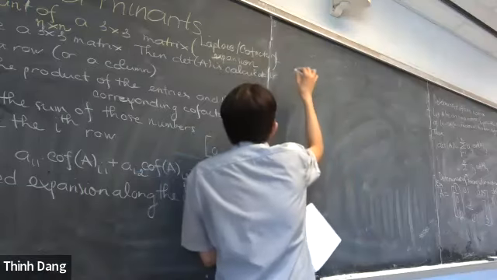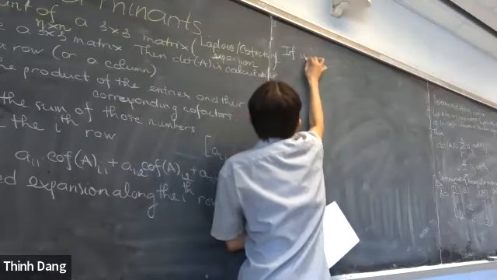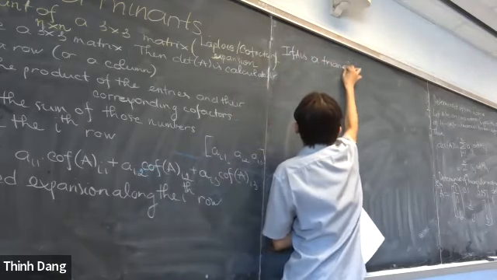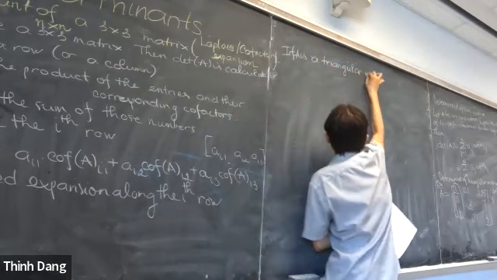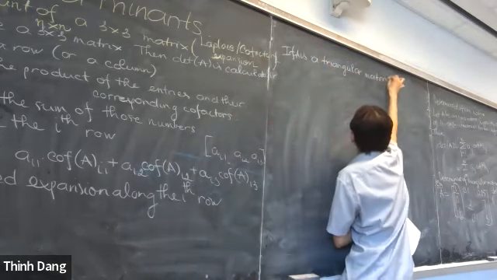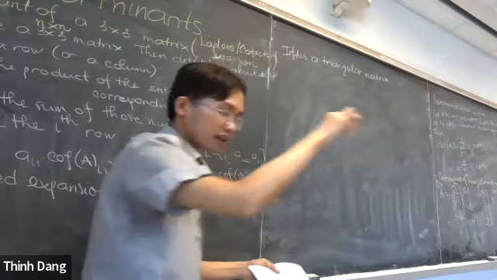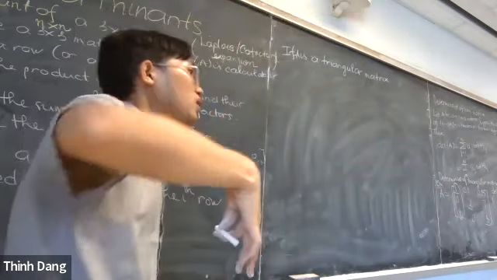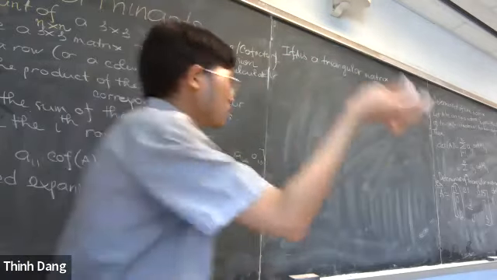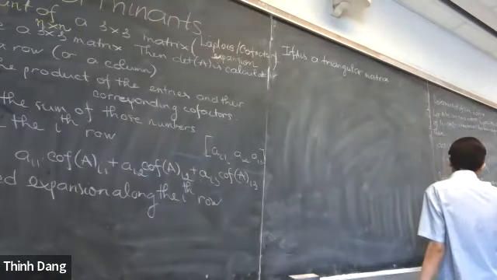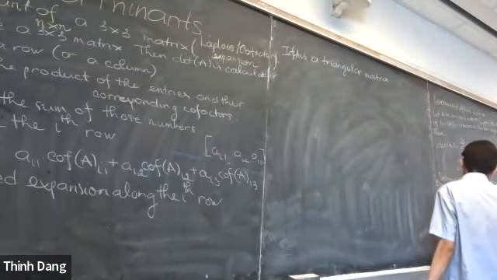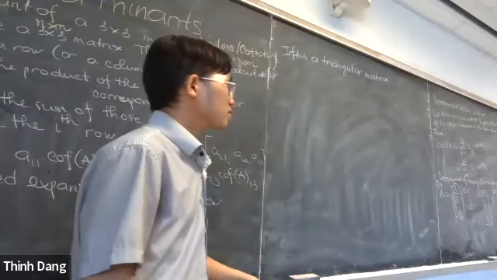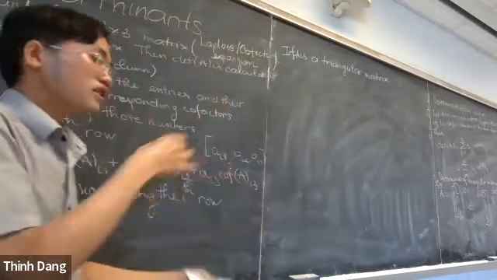So this applies to any type of triangular matrix, including the upper triangular matrix and the lower triangular matrix. The upper triangular matrix is a triangular matrix such that all the entries below the main diagonal are 0, and the lower is the opposite of that.